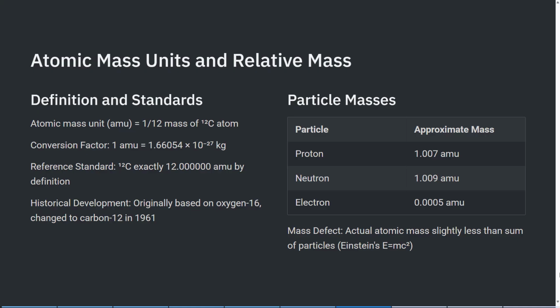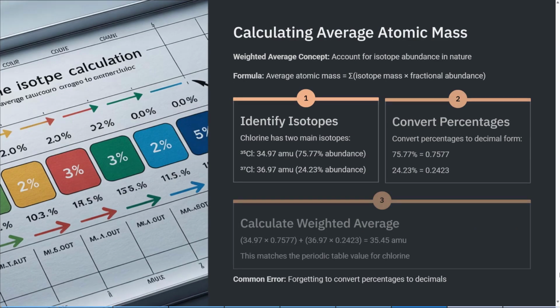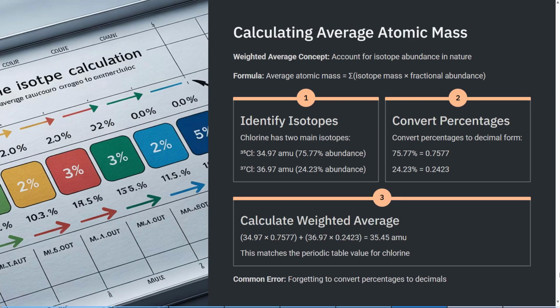But here's where it gets interesting. If you look at the periodic table, chlorine's atomic mass is 35.45 AMU. How can this be if atomic masses should be whole numbers? The answer is isotopes, atoms of the same element with different numbers of neutrons. Chlorine has two main isotopes.